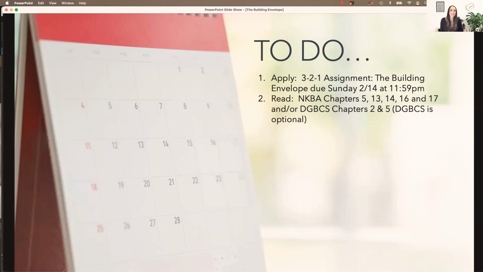It is in the assignment section or also in the weekly module under content. The instructions are there in the assignment. You can submit this just as a text submission to the assignment folder, or you can attach a document if you so choose. That'll be due Sunday, 2/14 by 11:59 p.m.